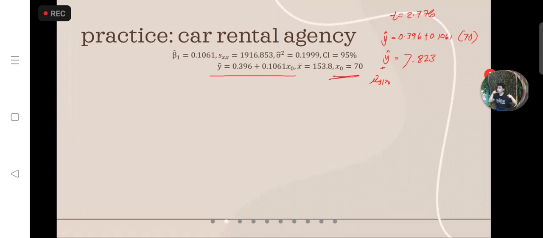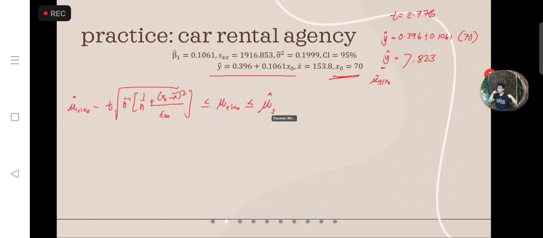So our mean response formula: mean hat y at x0 minus t times the square root of the estimator of variance times (1 over n plus (x0 minus x bar) squared over Sxx) is less than or equal to the mean response at x0, which is less than or equal to mean hat y at x0 plus t times the square root of the estimator of variance times (1 over n plus (x0 minus x bar) squared over Sxx).